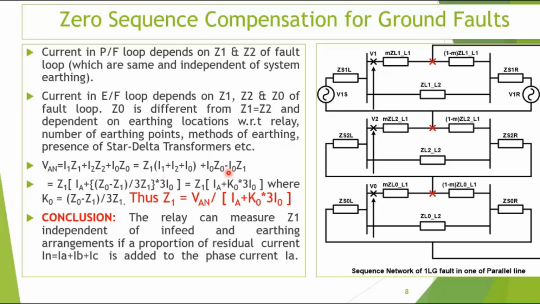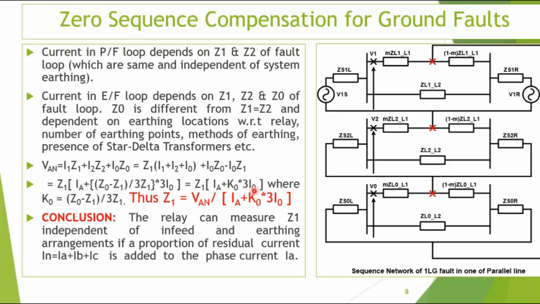This is a mathematical thing, you can understand it very well. Easy thing. After this, the manipulation is done with Z1 into IA. IA remains like this, and this one I term as K0, the residual compensation factor, Z0 minus Z1 by 3Z1, which is popularly known, multiplied by 3I0.